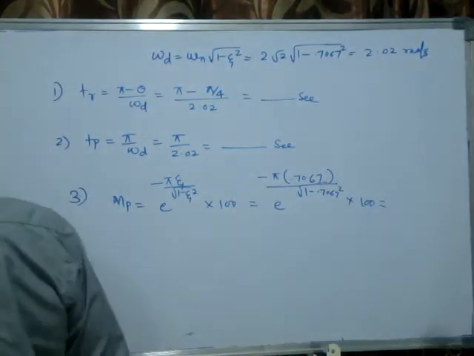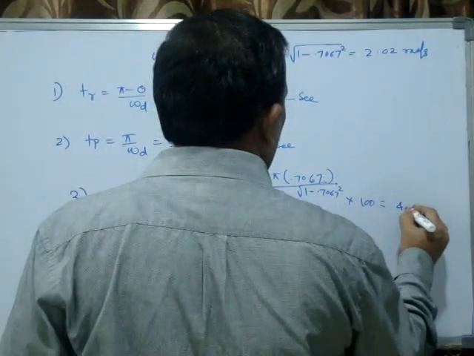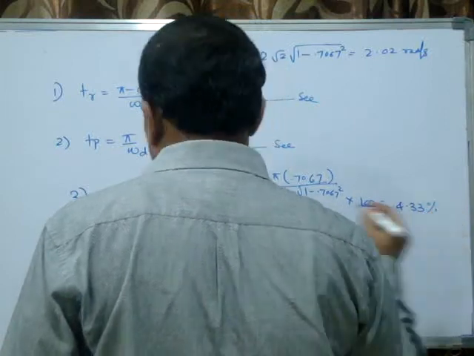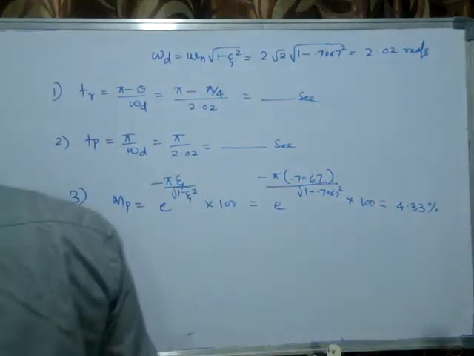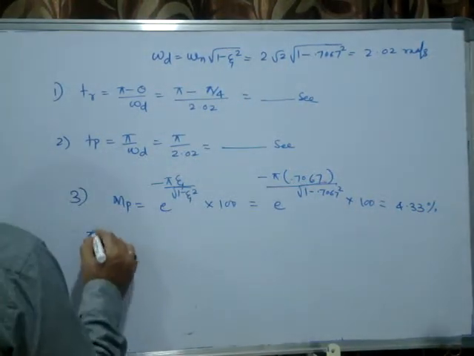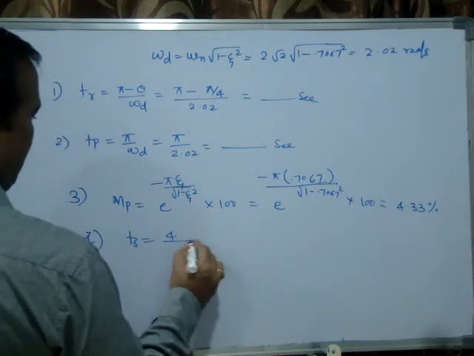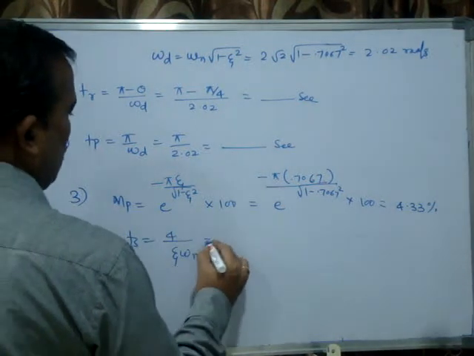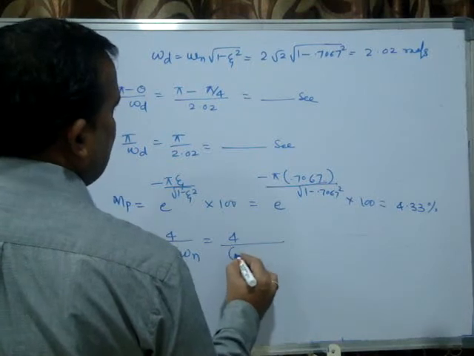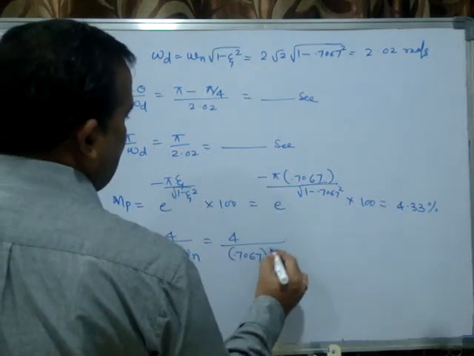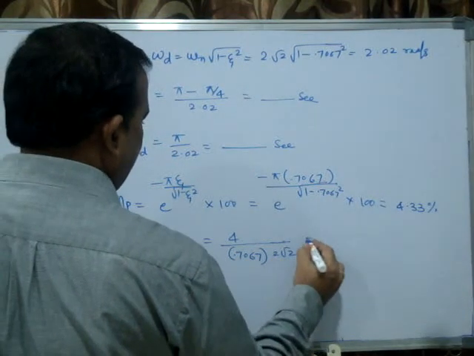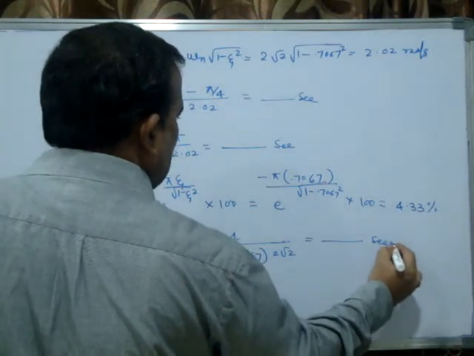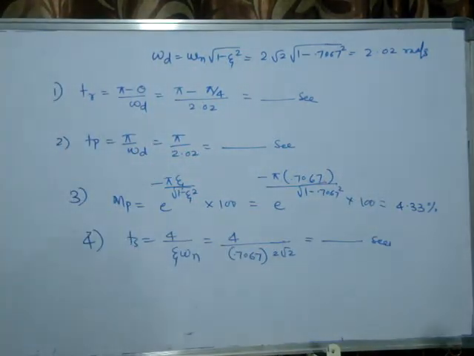We will get it in percentage, 4.33%. And settling time is equal to 4 divided by zeta omega n, we will get some seconds. So TR, rise time, peak overshoot, and settling time.